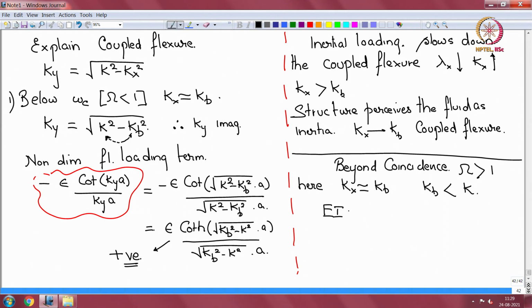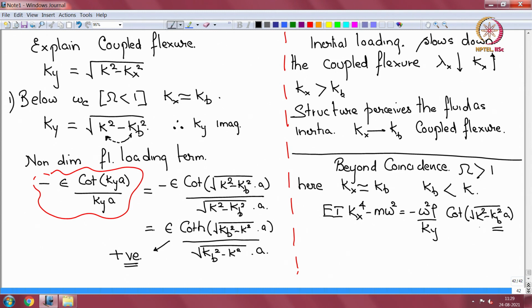EI kx to the fourth minus m omega square is equal to minus omega square rho by ky cot, I'll open this, square root of k square minus kb square a.